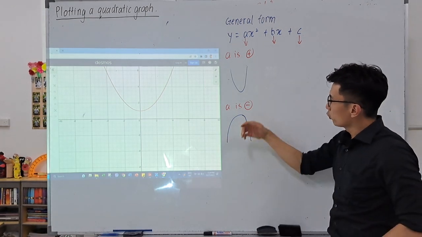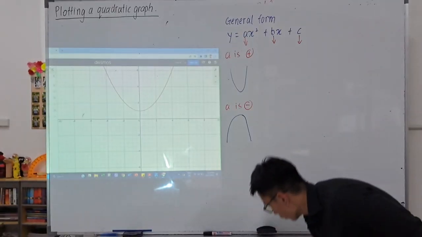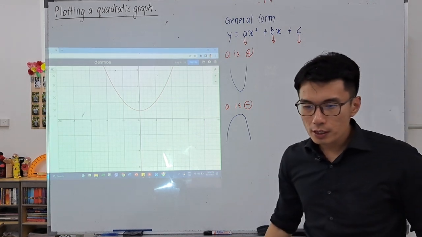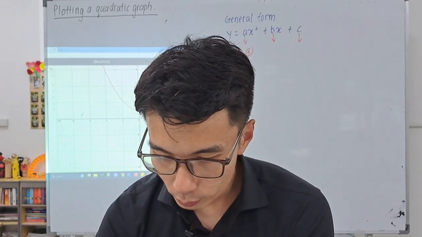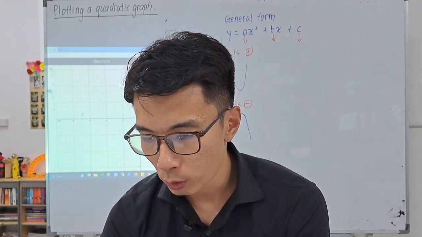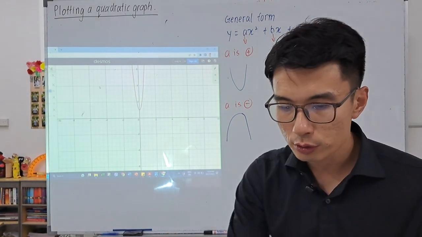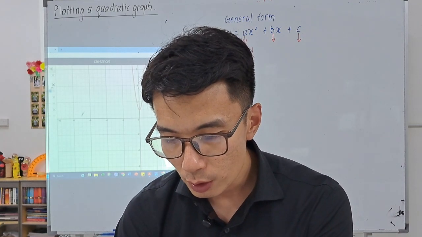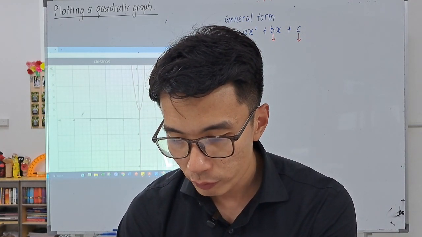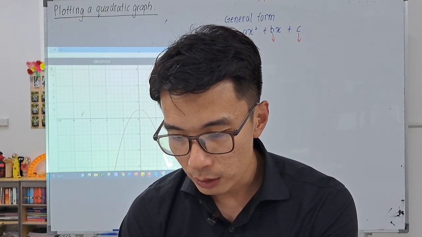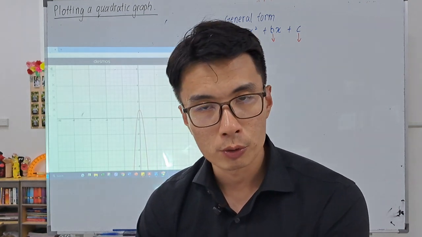Again, what if I were to increase the value of a? You can see the graph will get more and more narrow. If I were to reduce it, or make the number more negative, we'll have a frowning face, which is a sad face, and then it will get more and more narrow.